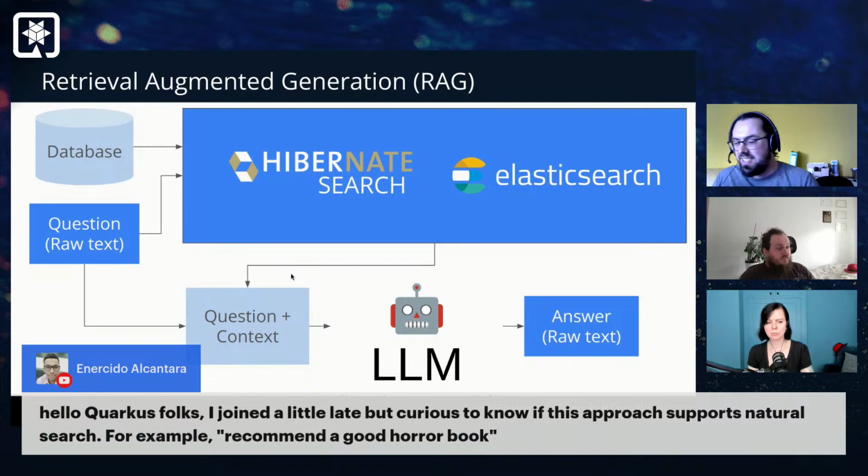I think that's one option. Or you could send just the raw data over to your LLM. Anyway, just to summarize, vector search is not natural language search, but it can help with natural language search in this solution.